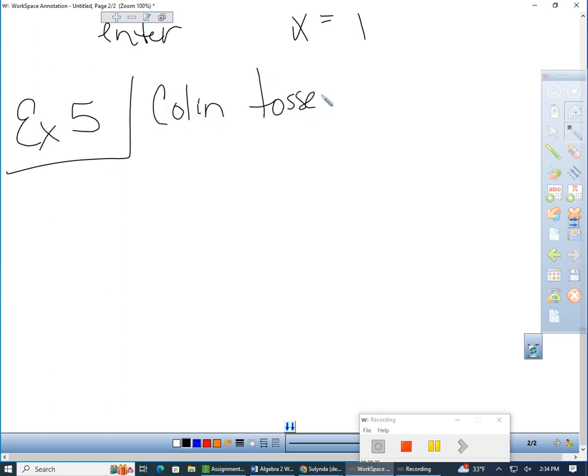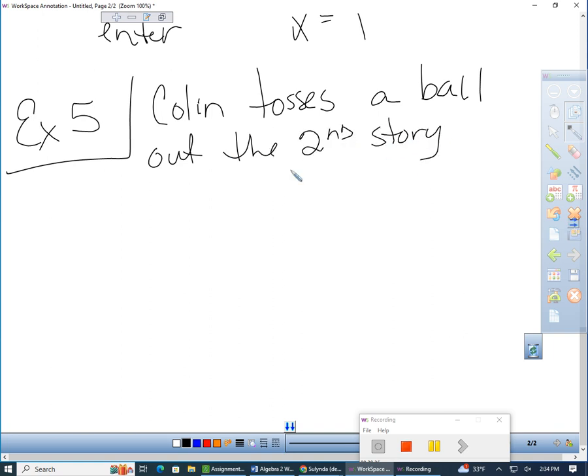So, Colin tosses a ball out the second story window.